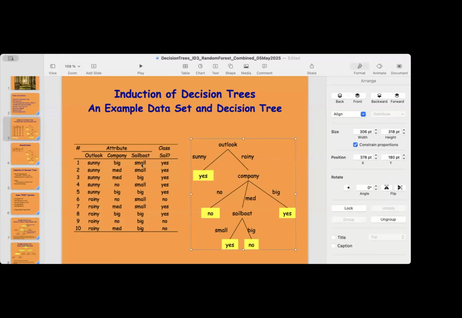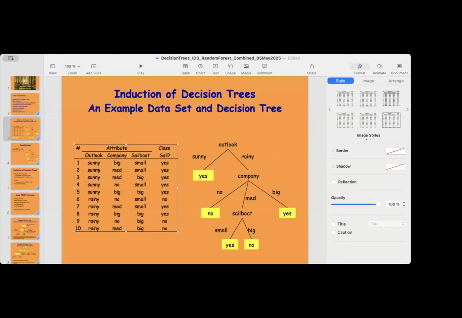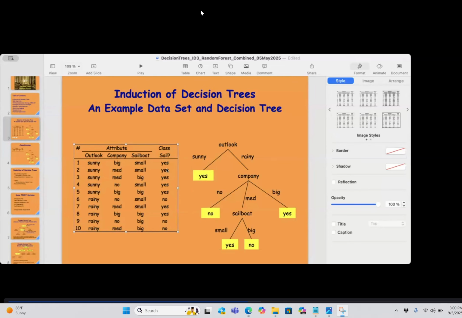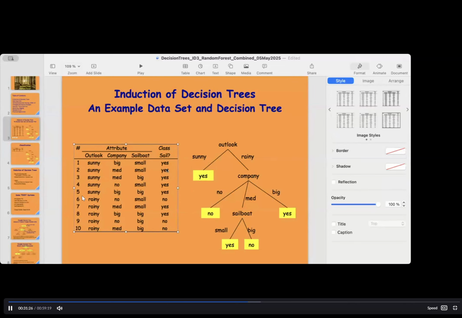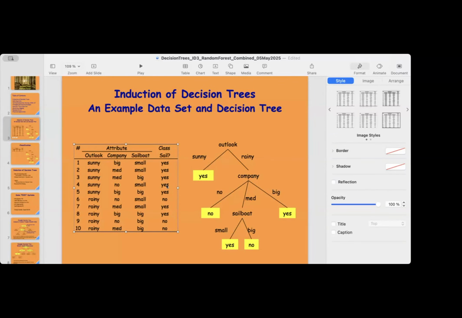This means all of the sunny objects, objects 1 through 5, have the sunny property, and also have class equal to yes. I'll repeat this.